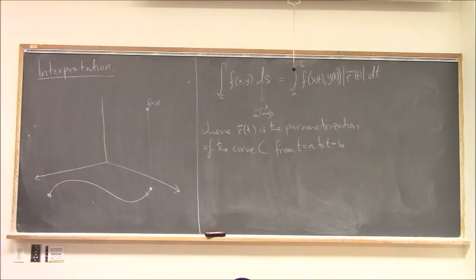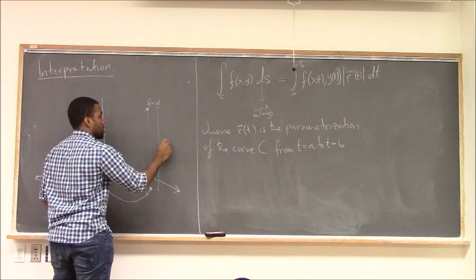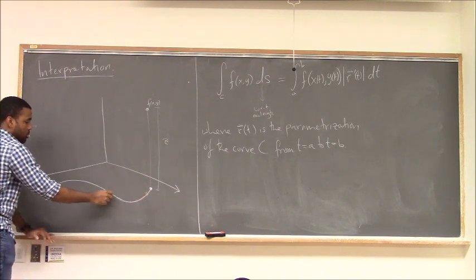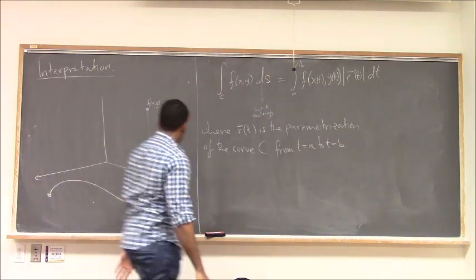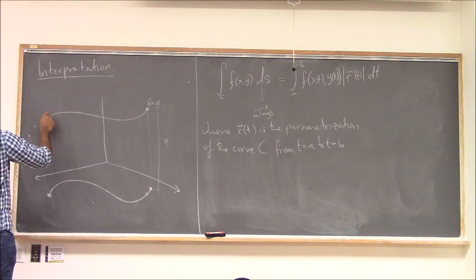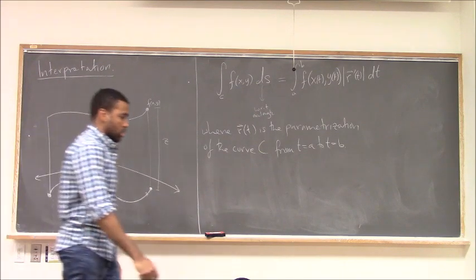This function gives you the height, which is the z coordinate. And then it calculates that height along this curve that we parameterize, because our x and y are following that parameterization. So you get the area of this wavy fence that's following this curve.